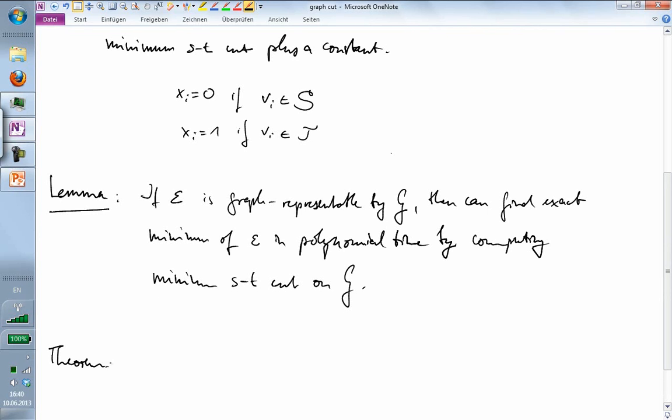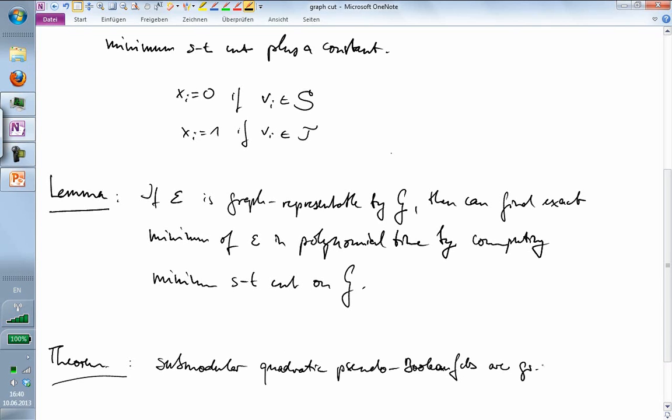You also further need the theorem by Hammer, namely that submodular quadratic pseudo-Boolean functions are graph representable.